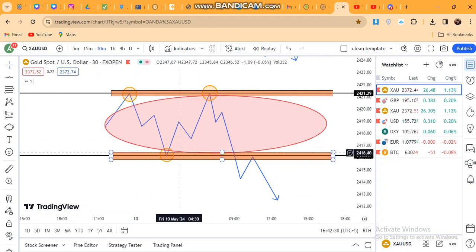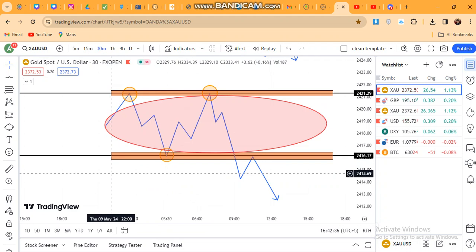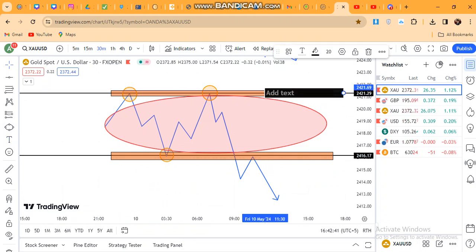You have to understand that trading is a game of probabilities. Whenever you trade at important levels, on important support and resistance zones, you make the probability come into your favor.